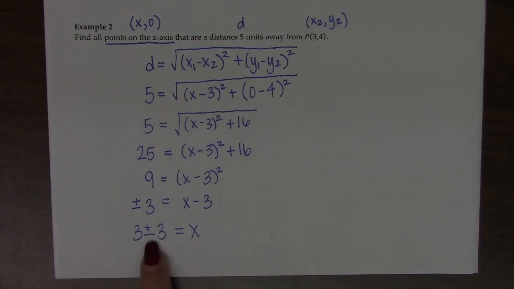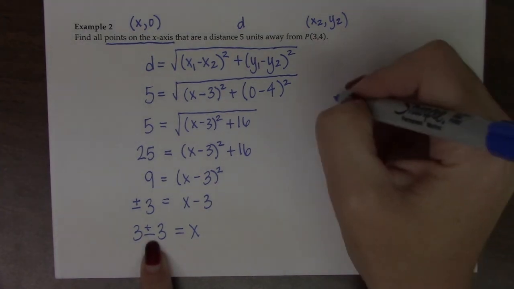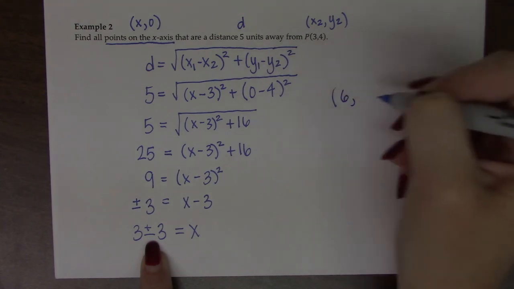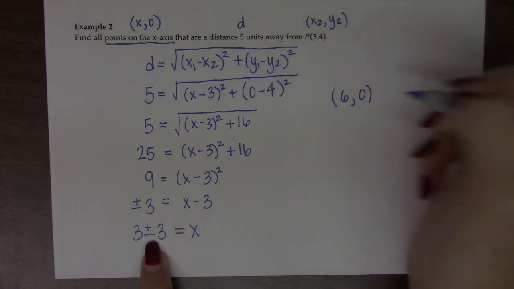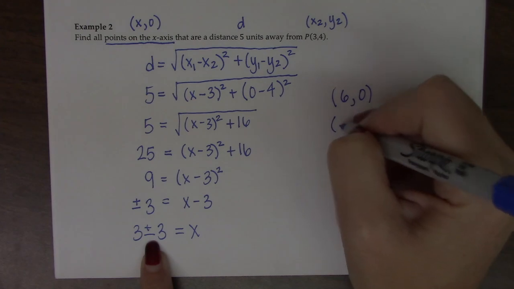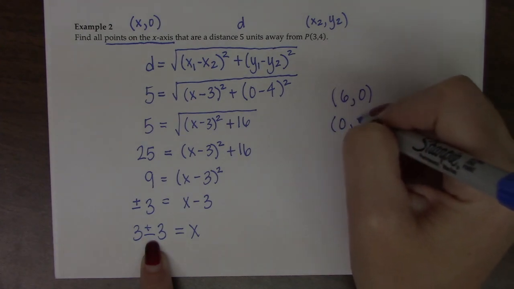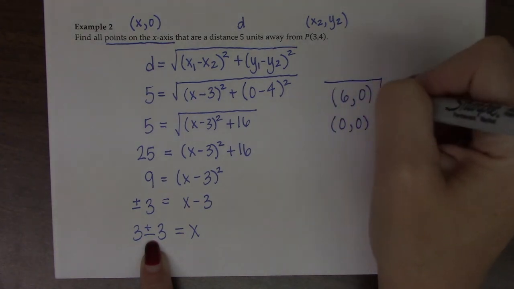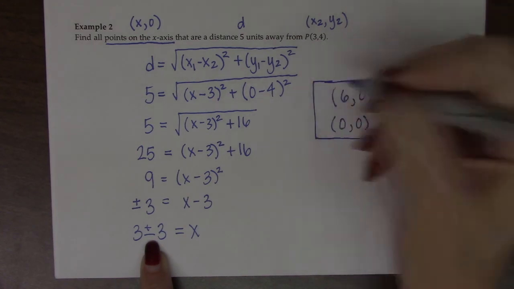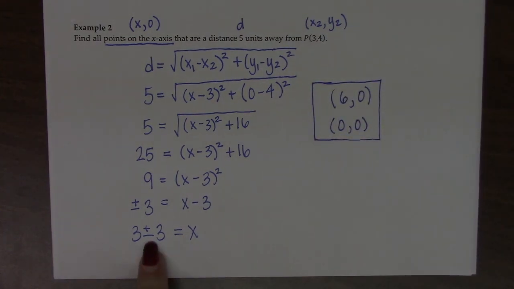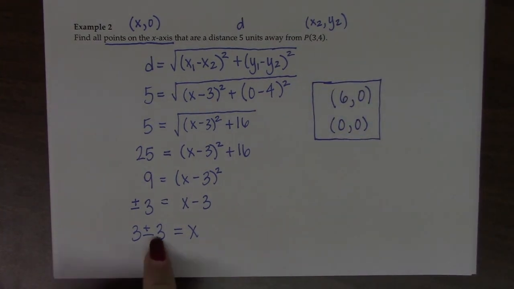So if I take 3 plus 3, that gives me an x value of 6, and the y-coordinate is 0. If I say 3 minus 3, well, that's 0, comma 0. So these are the points on the x-axis that are a distance 5 away from our point. So we would actually expect a final answer in this form.